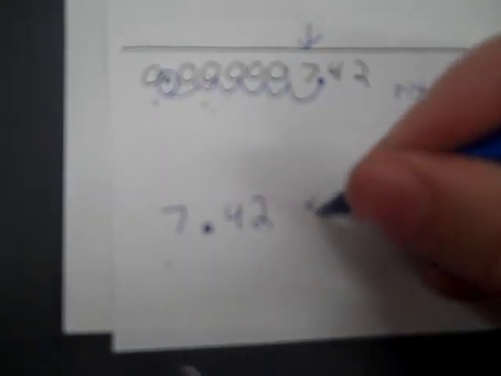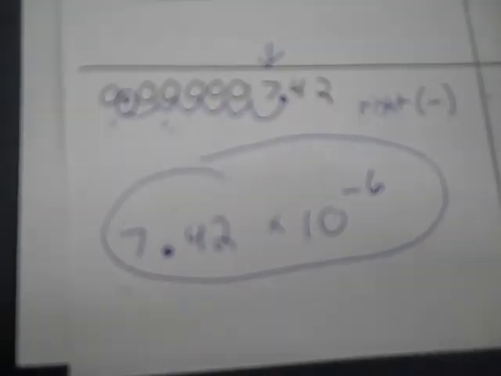Okay, and then before it we have a 7 and then a 4-2 after it times 10. Now, the right's negative, so we're going to make that negative and then count the digits between, 1, 2, 3, 4, 5, 6. So 7.42 times 10 to the negative 6th power.